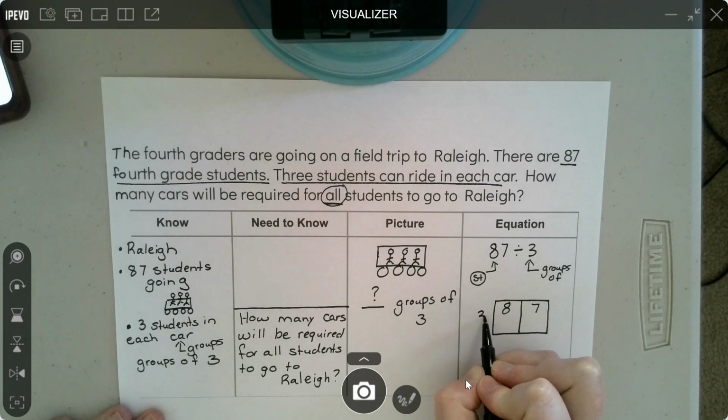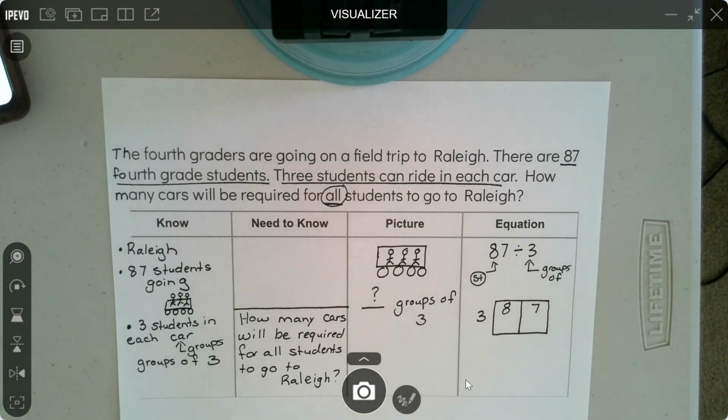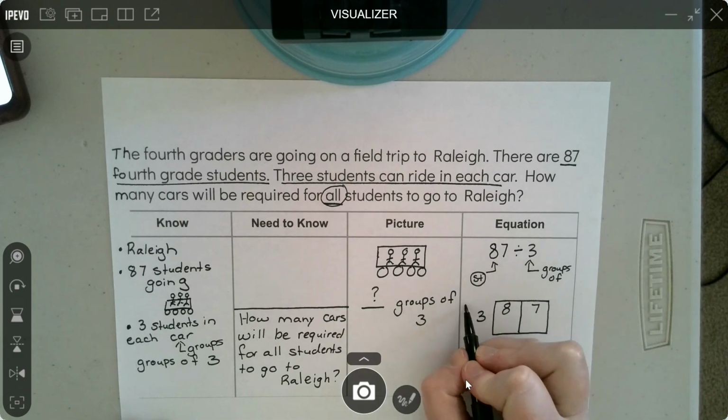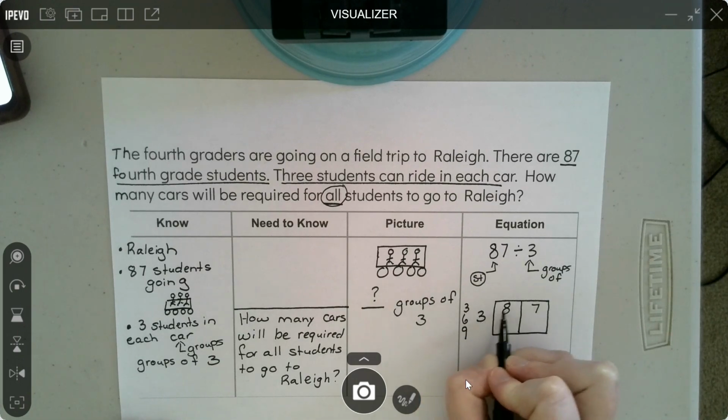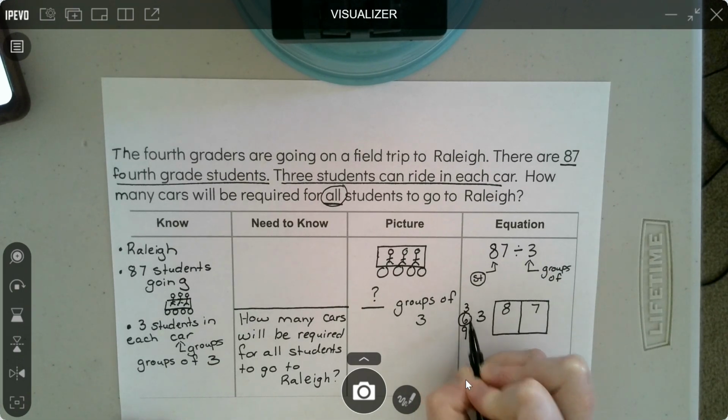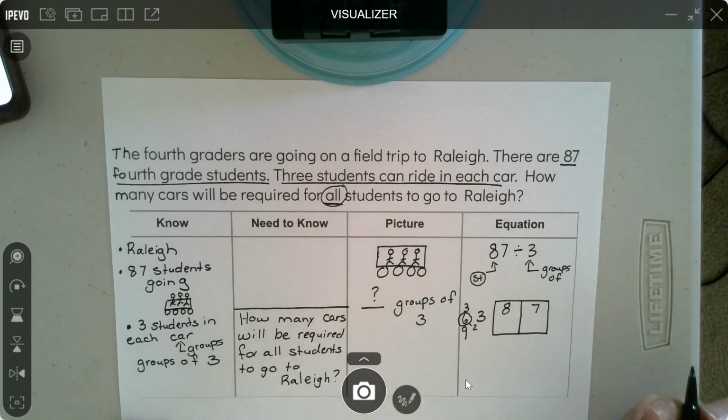Put what I'm dividing by on the outside, 3. All right, I'm going to ask myself, how many times can I take 3 out of 8? Or how many times does 3 go into 8? Well, when I look at the multiples of 3, 3, 6, 9, the closest I can get to that 8 is 6. 9 is too much. That's the second multiple.